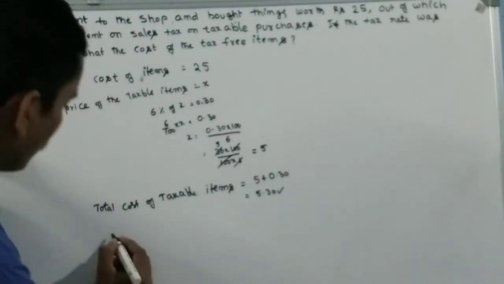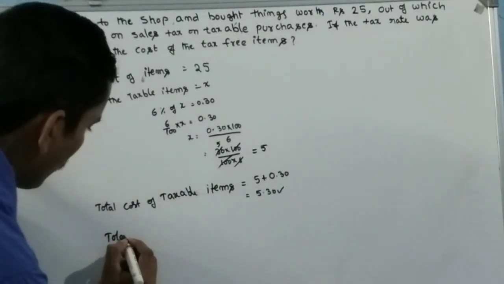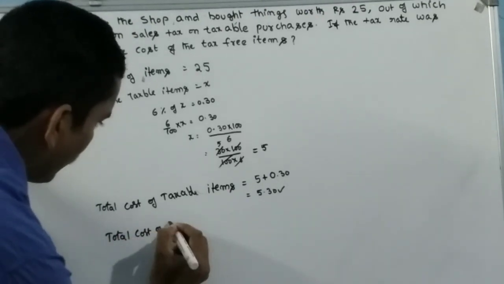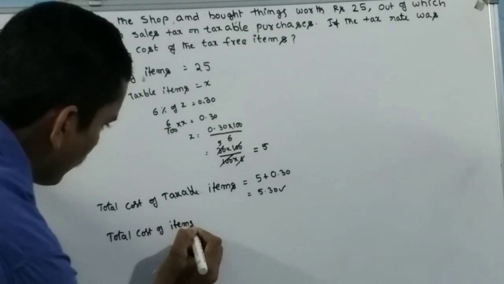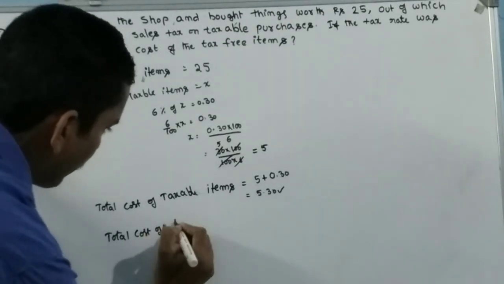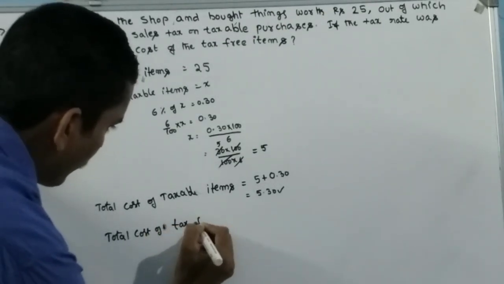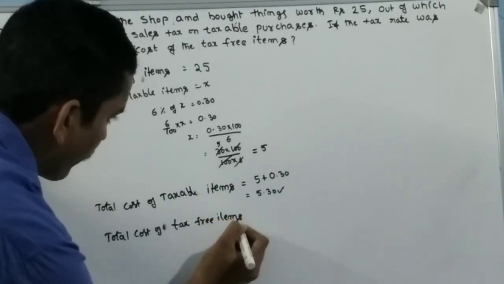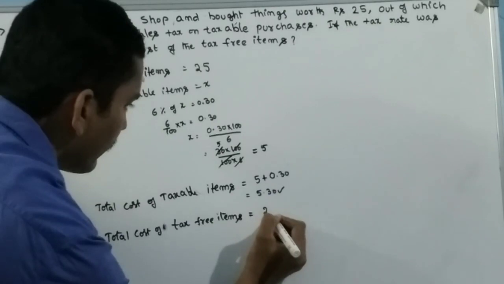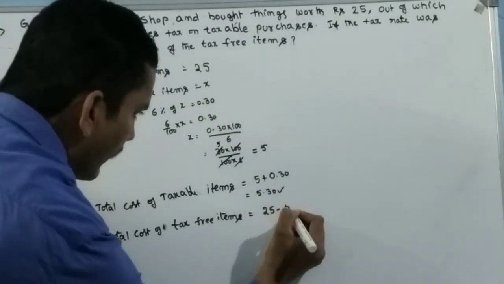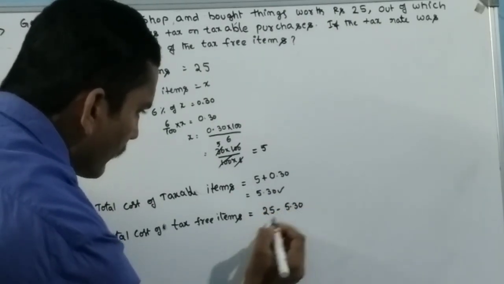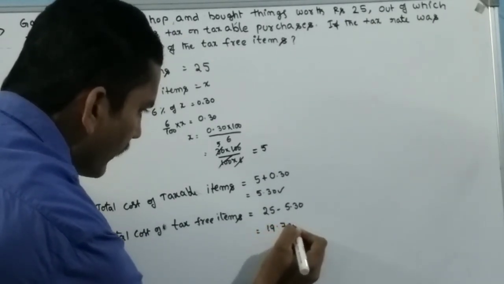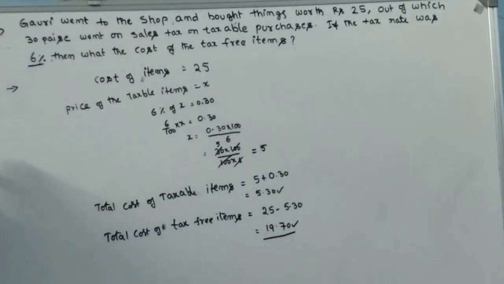Then total cost of tax-free items: 25 total cost minus taxable items, which is 19.70.